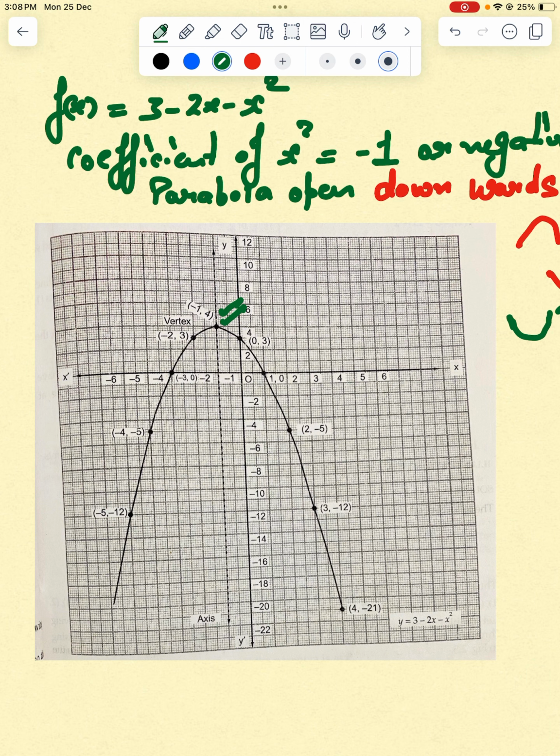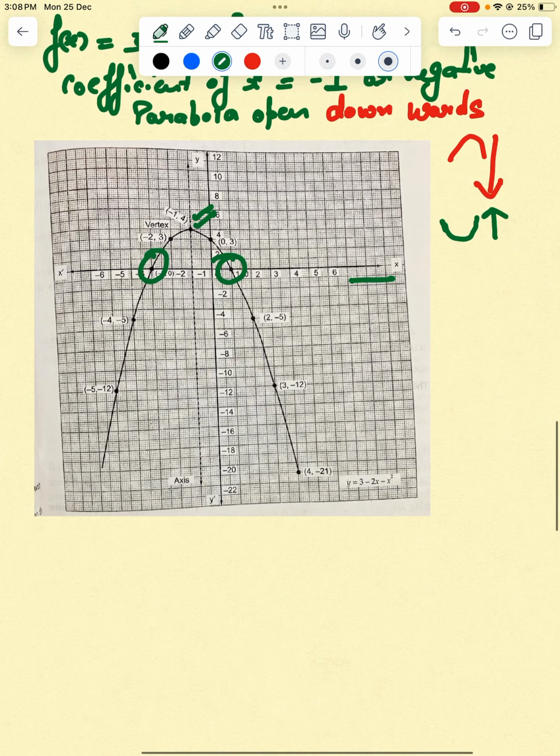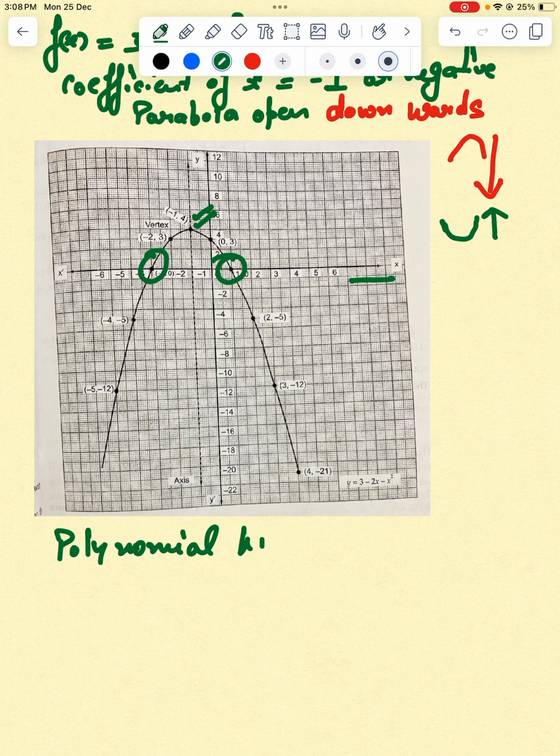Now the parabola intersects the x-axis at two coordinates. So that means the polynomial has two distinct zeros or roots.